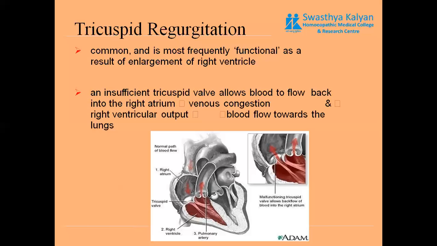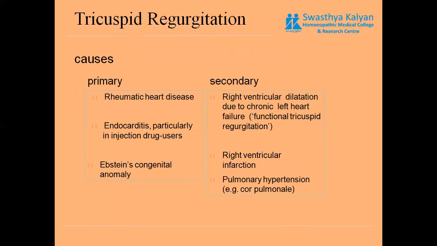Whatever amount of blood was required to be pumped to the lungs from the right ventricle, a part of it is going back into the right atrium, where the right atrium was receiving blood from the major veins of our body. So the venous pressure will increase there, but the forward pressure, that was supposed to be created in the blood for reaching the lungs and getting oxygenated, that pressure is decreasing.